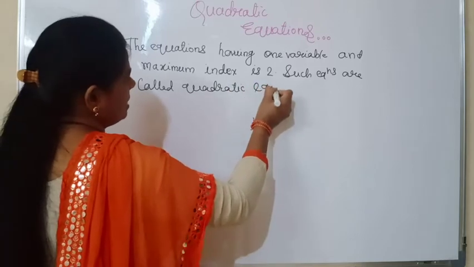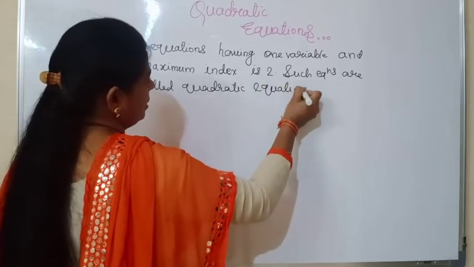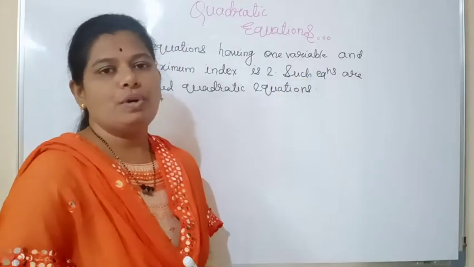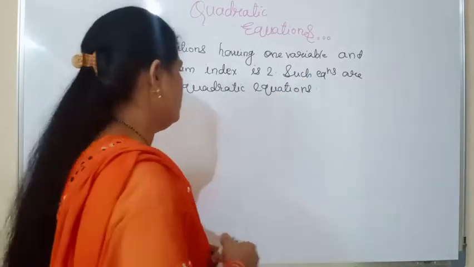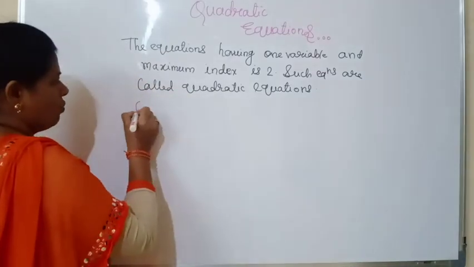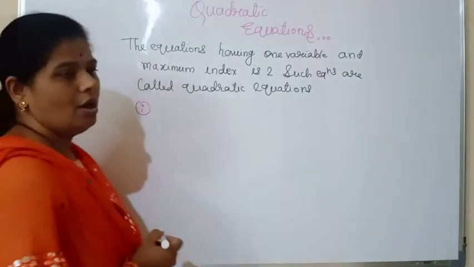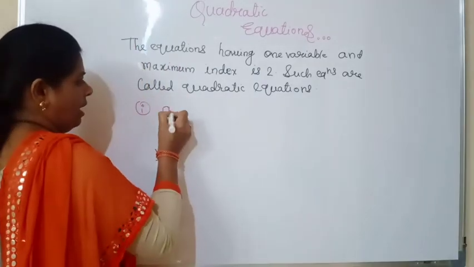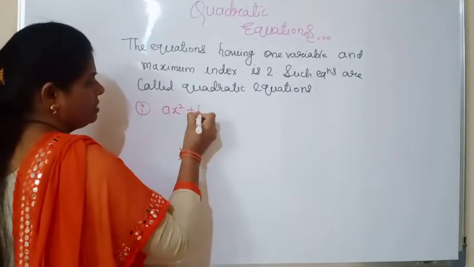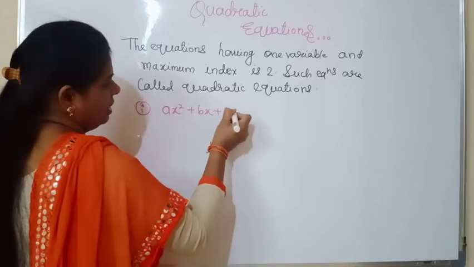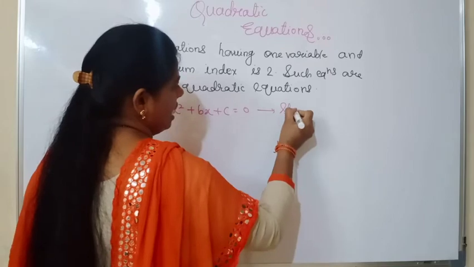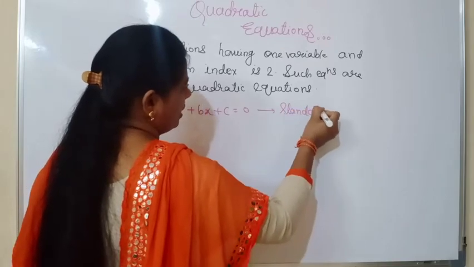Now we will see some important points related to quadratic equations. The first point is the standard form of a quadratic equation. What is the standard form? It is ax square plus bx plus c equal to 0. This is the standard form of a quadratic equation.